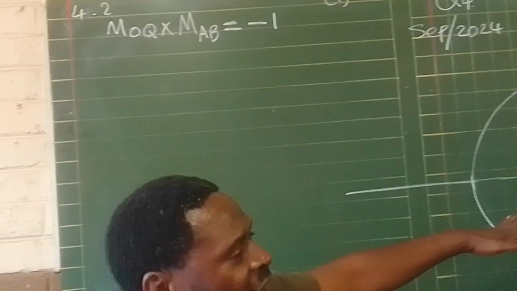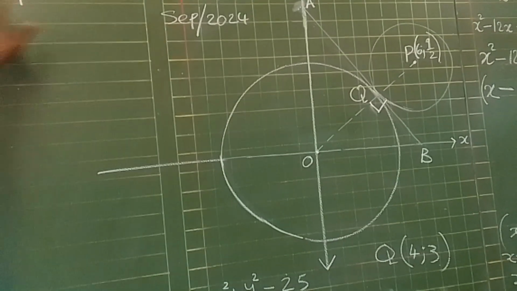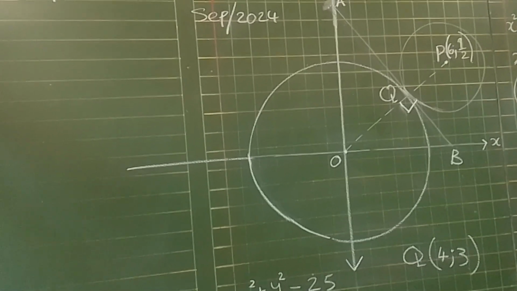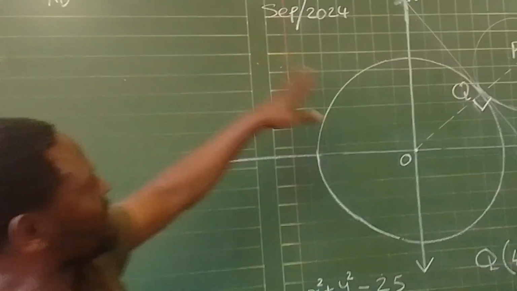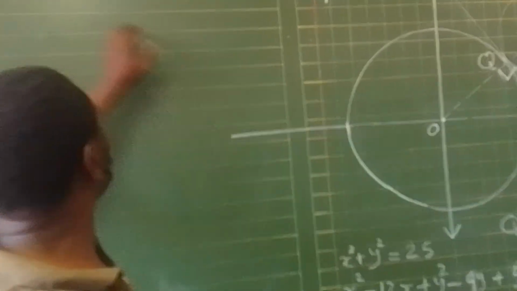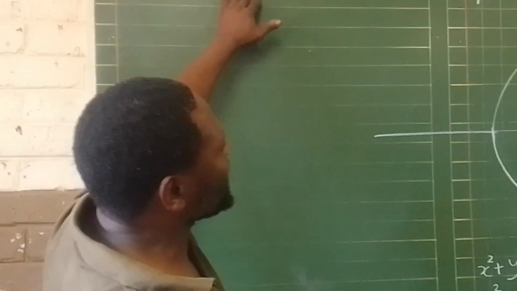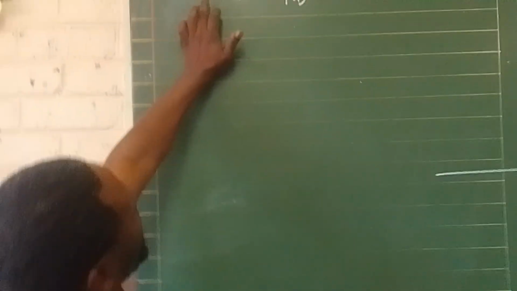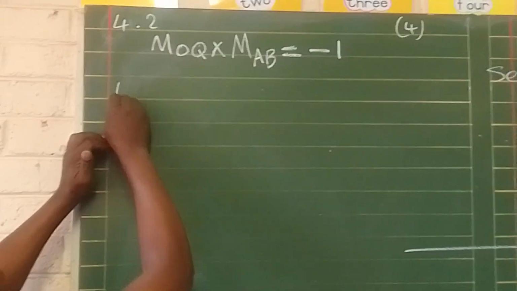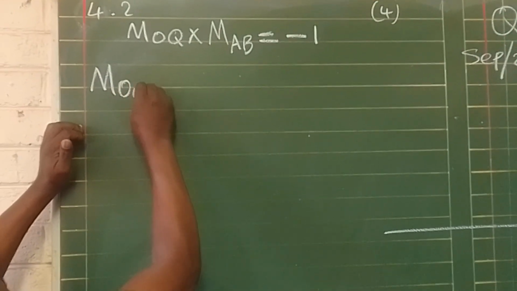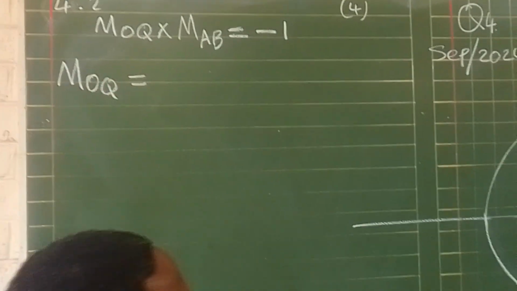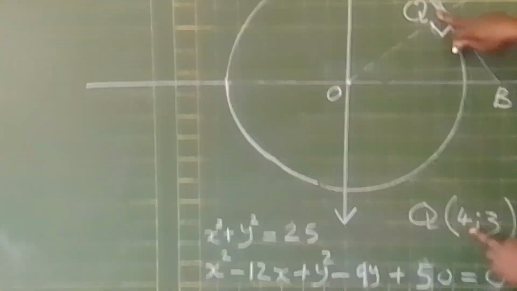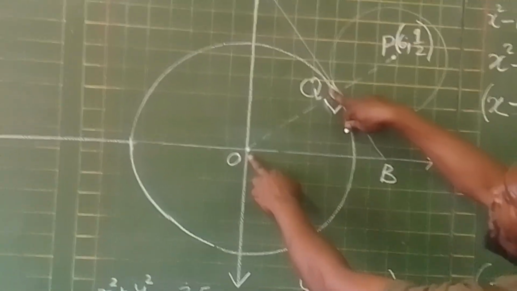The product of the gradients of lines which are perpendicular is equal to minus 1 when you multiply them. Let's find m_OQ. Let's count. We have Q here. Q is this point, (4; 3), O is this point, (0; 0).